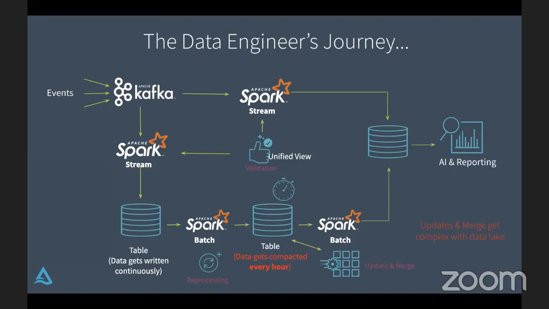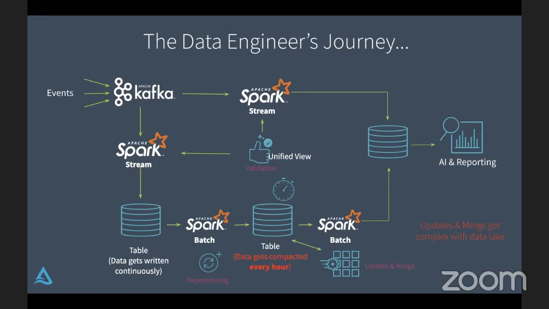But the quick context here is that if you look at this particular diagram, on the left side, you see the events. It's going into Apache Kafka or some other streaming mechanism, whether it's Kinesis or Azure Event Hubs or Cosmos DB. Irrelevant of which approach, typically you have to build a Lambda architecture.